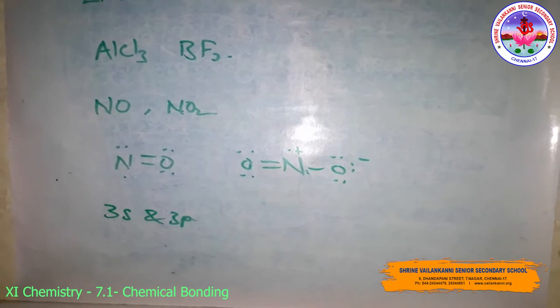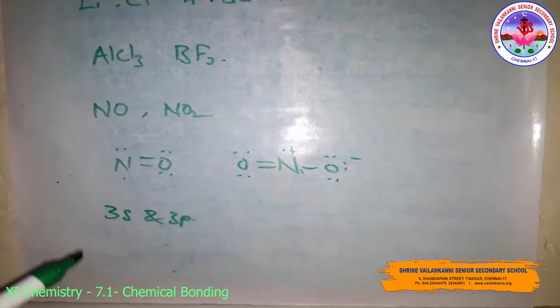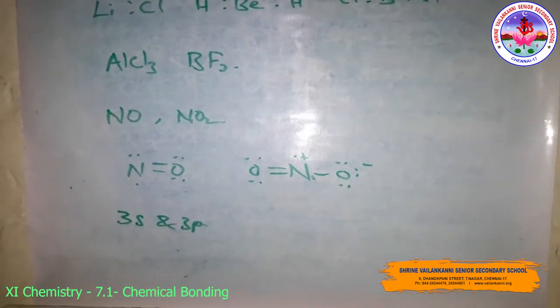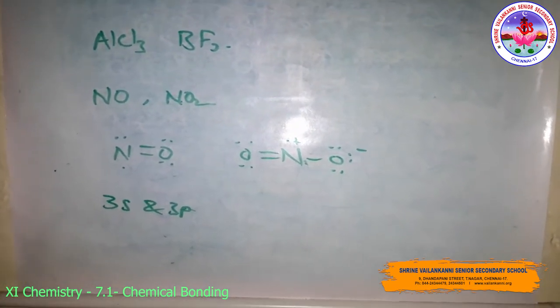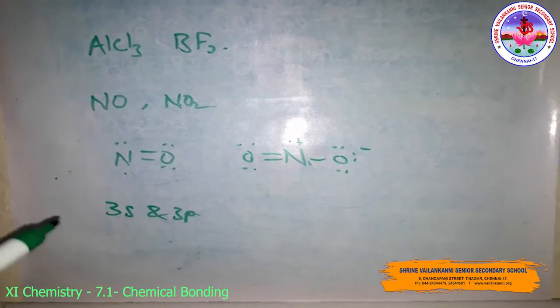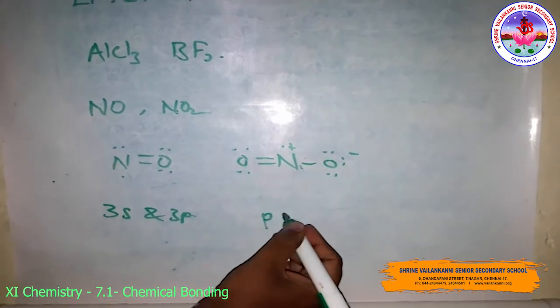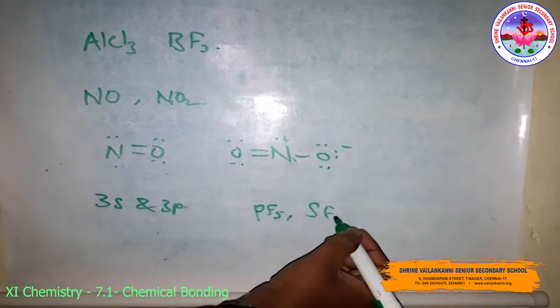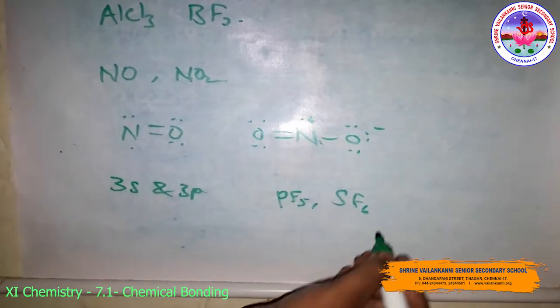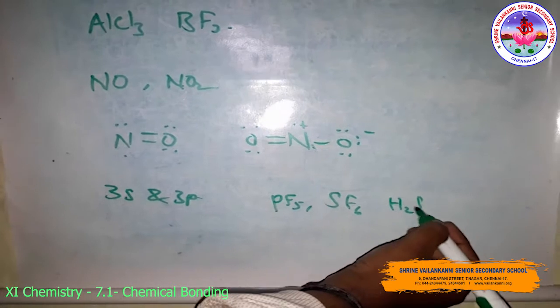This is called expanded octet. Obviously the octet rule does not apply in such cases. Some examples of such compounds are PF5, SF6, phosphorus pentafluoride, sulfur hexafluoride, and sulfuric acid, H2SO4.